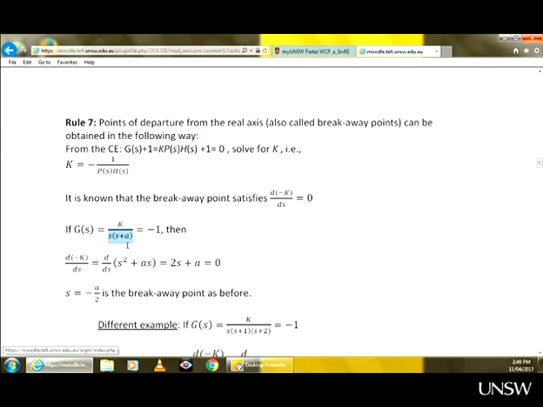Derivative of s squared is 2s. Derivative of as is a. So solving this very simple equation gives you the breakaway point. And you find that it is also at minus a half.